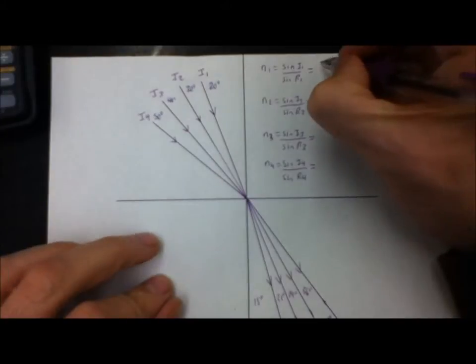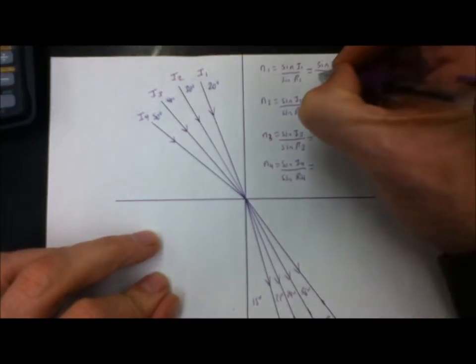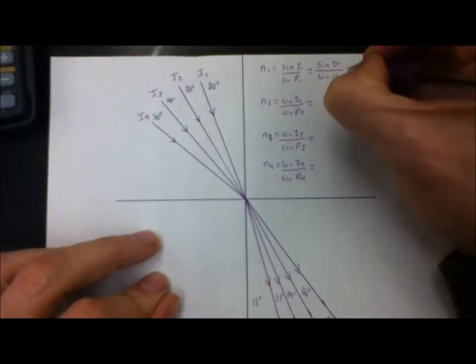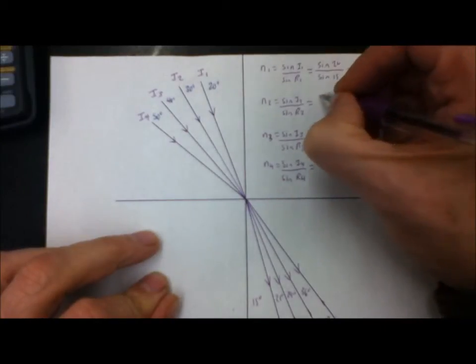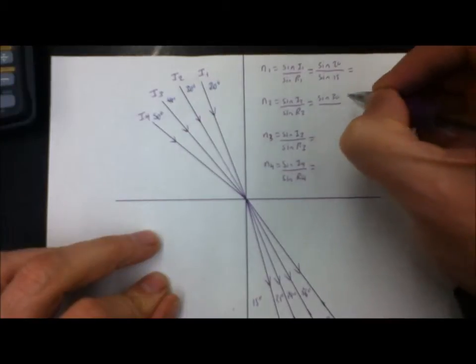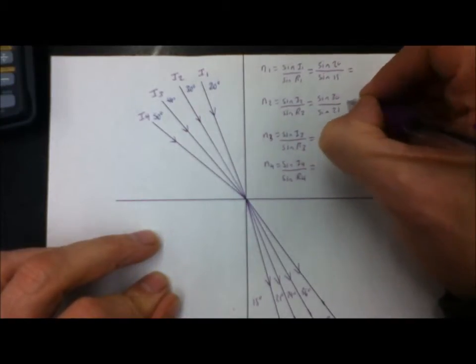So we're going to take the sine of i1, which is 20 degrees, over the sine of r1, which is 15. And we're going to take the sine of i2, which is 30 degrees, over the sine of r2, which is 21.